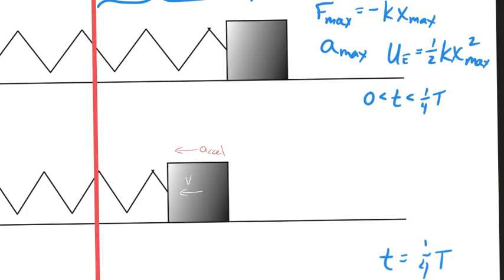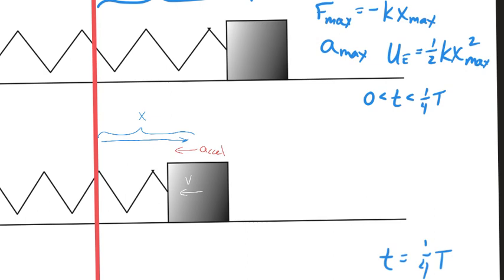Its displacement isn't at x max, but it has some displacement to the right. Now, direction is important here. The displacement's to the right, but you'll notice velocity, acceleration, they're to the left. They're in the opposite direction of the displacement.